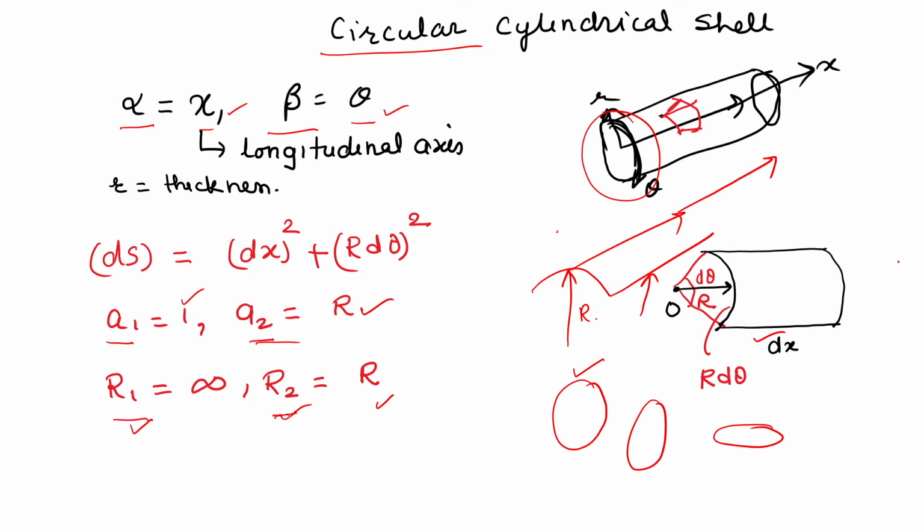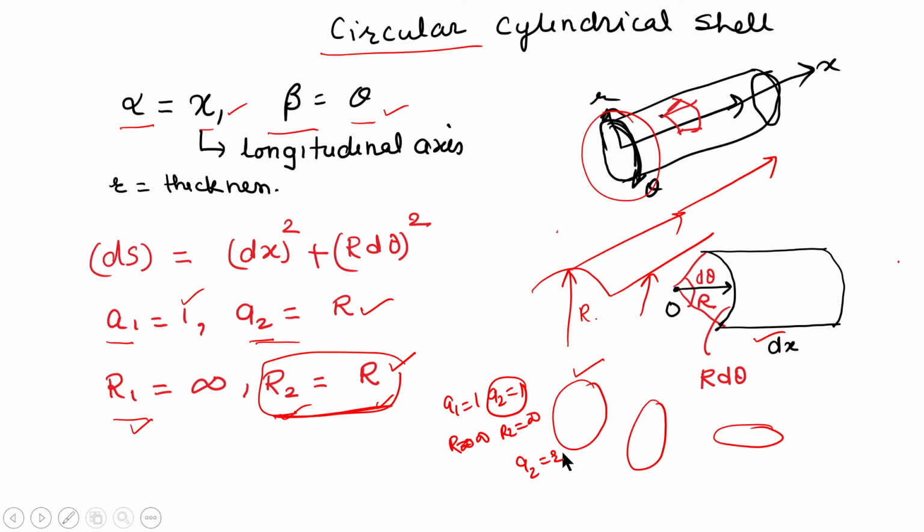From the mathematical point of view, from a circular plate to a cylindrical shell, the difference is that here the radius in the second direction exists, that is R. Only one parameter is changed now. Previously, for a rectangular plate, A1 is 1, A2 is 1, R1 is infinity and R2 is infinity. For a circular plate, A2 becomes r, the second change, and the third remains the same, now the radius is there.